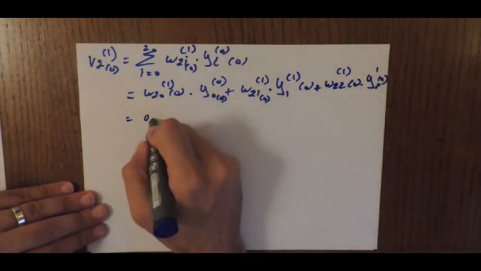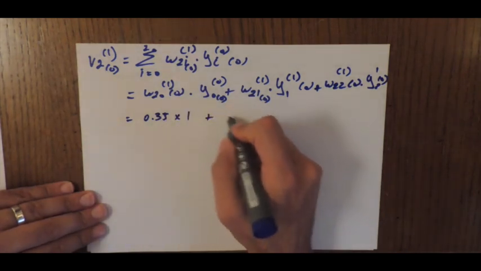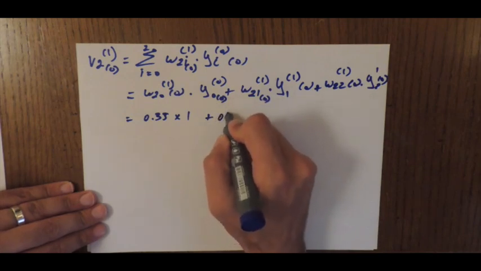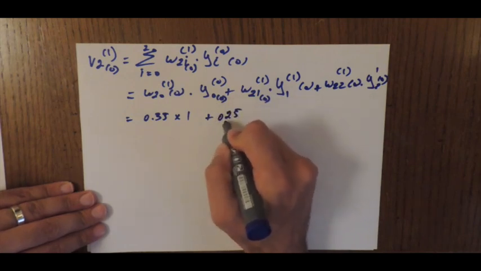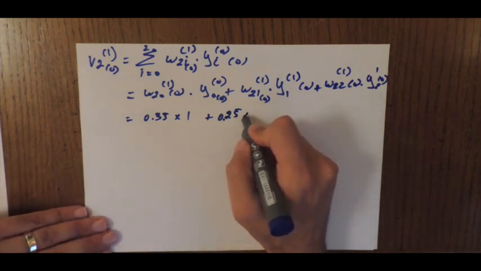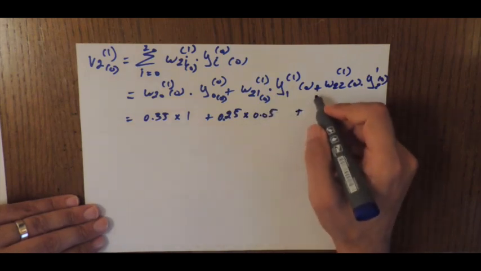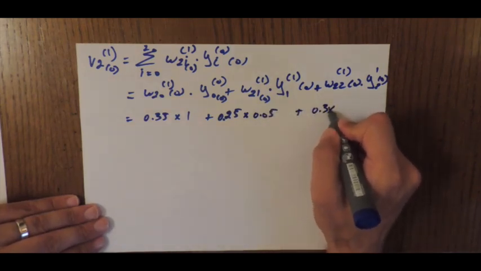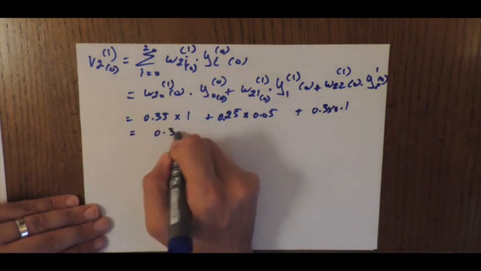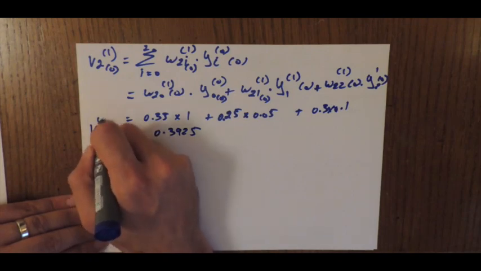In this case, this will be equal to 0.35 times 1, this is the bias, plus we have 0.25 times 0.05 plus 0.3 times 0.1. This will be equal to 0.3925. So this is V2 of 0 of 1.